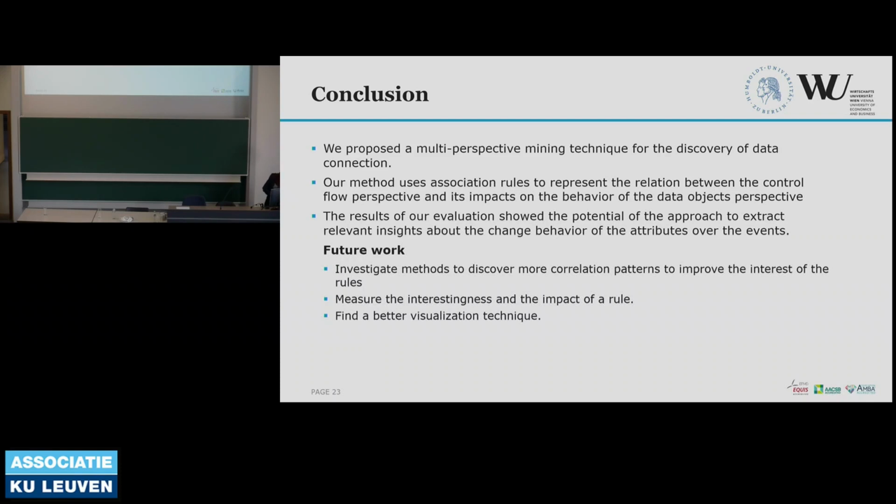For future work, we are interested in how to measure the interestingness and the impact of the rules and the dominance of the rules over the data and the separation probability of them, and also to find better correlation patterns within the data for the rules, and also better visualization techniques to visualize the association rules from a process mining perspective.